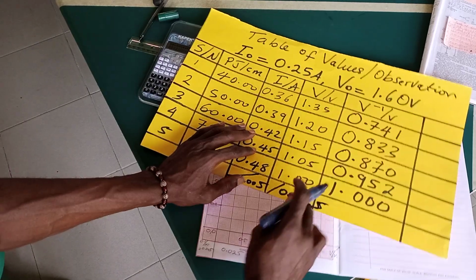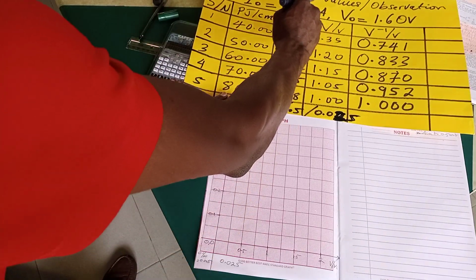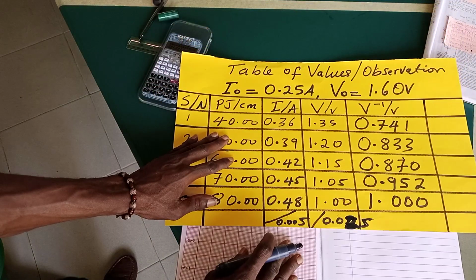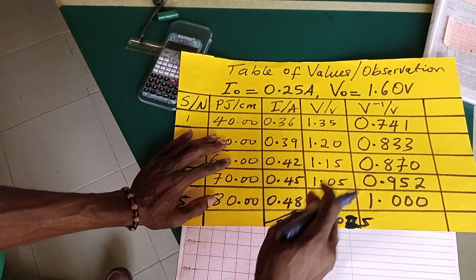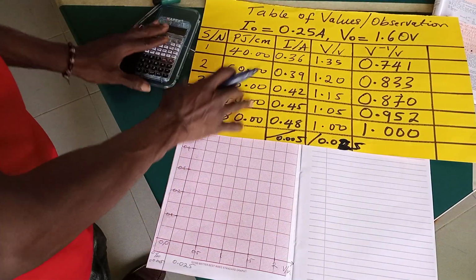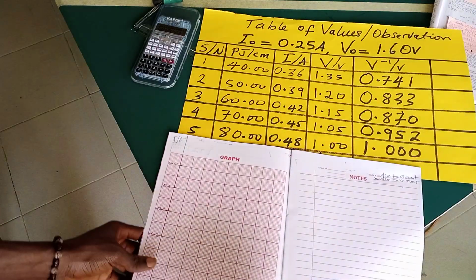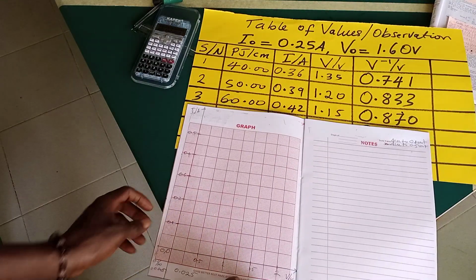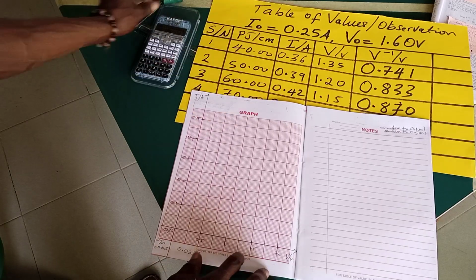Everything here by 0.025. What we are going to do again is divide everything here by 0.005. When you do that, the answer you get stands for the number of small boxes you are going to count to get the exact value.